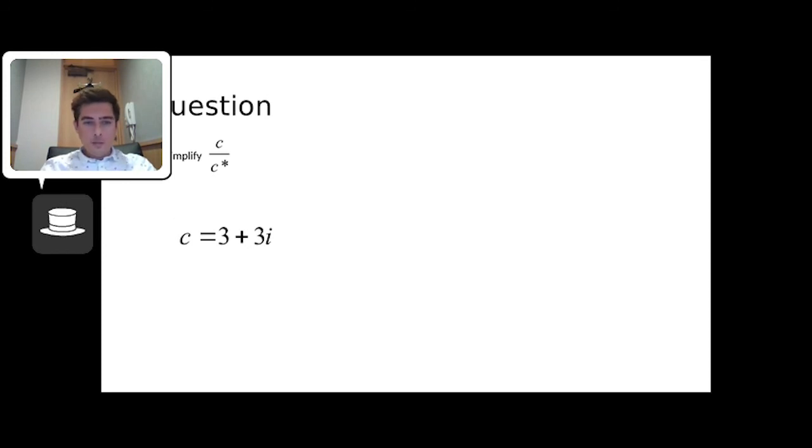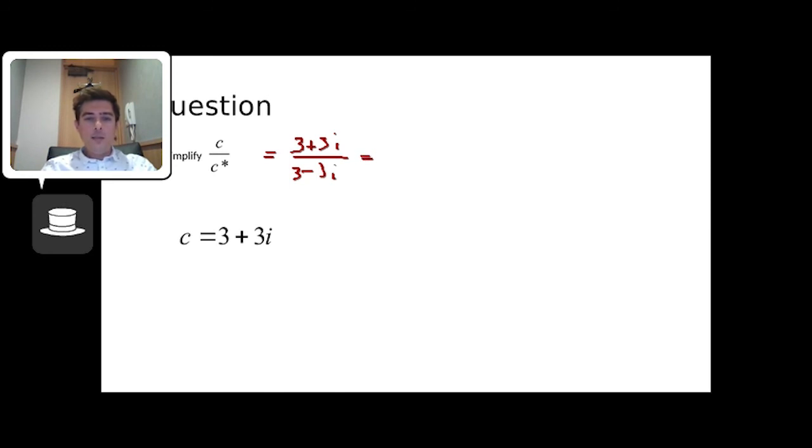Okay, so let me go through this final example here. I want to simplify this value of c divided by the conjugate of c. Firstly, let's write out what this looks like: it's 3 plus 3i divided by 3 minus 3i.